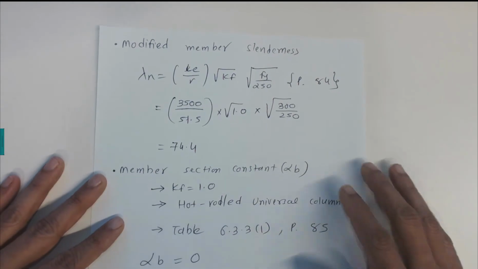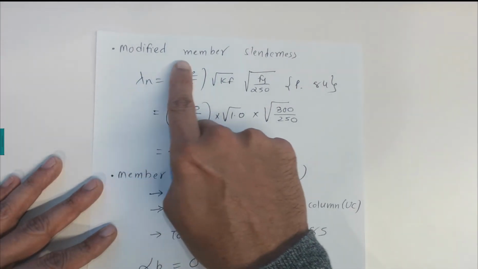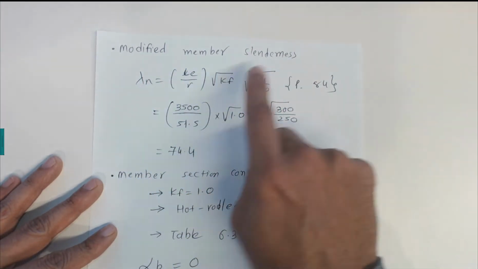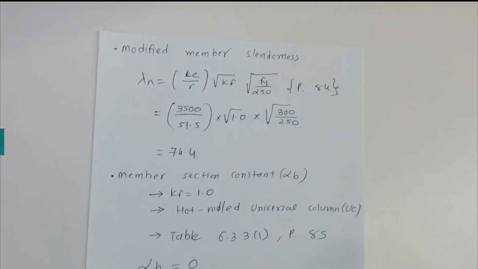Once we find the smallest radius of gyration, we can find the modified member slenderness, lambda n, which is given on page number 84.